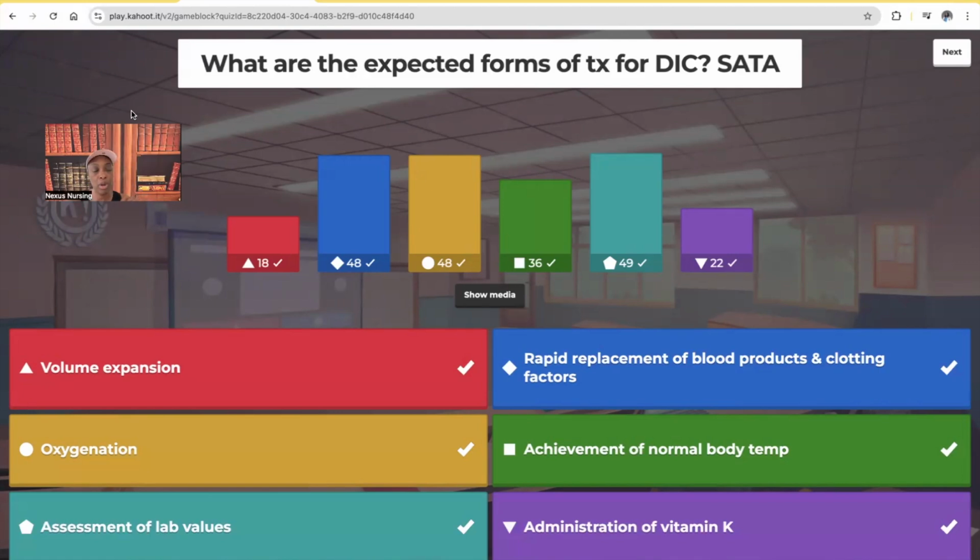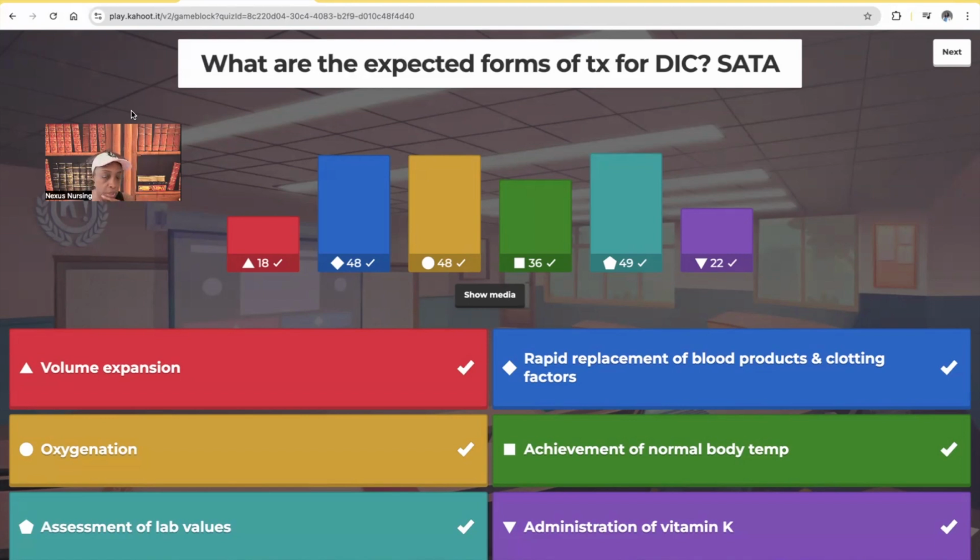Besides correcting that underlying cause, we expect for this patient to get volume expansion, rapid replacement of the blood products and the clotting factors, because remember, those clotting factors are being depleted, and that's what's causing that horrible cycle.